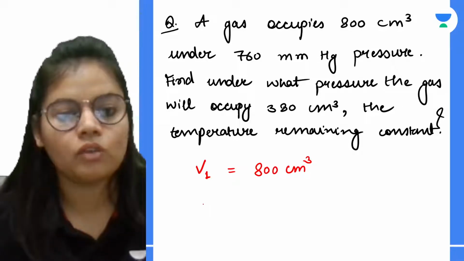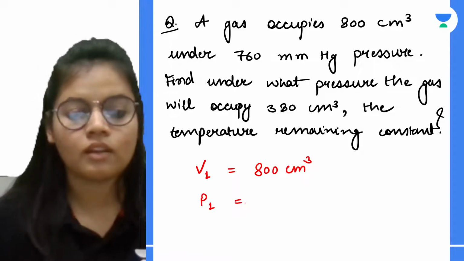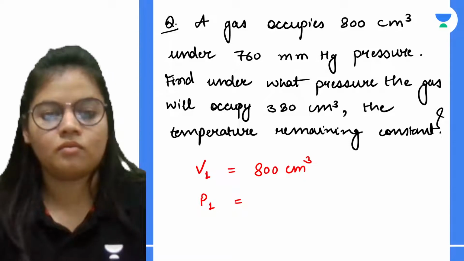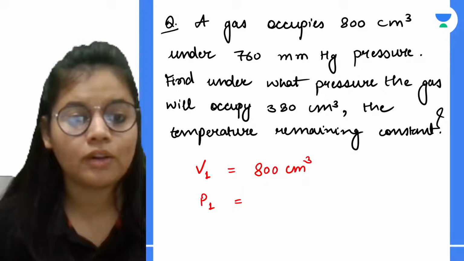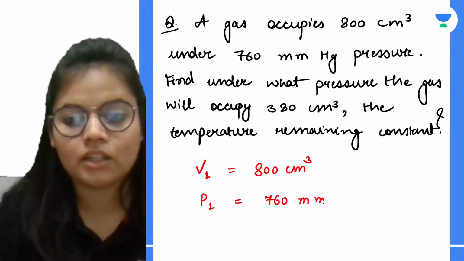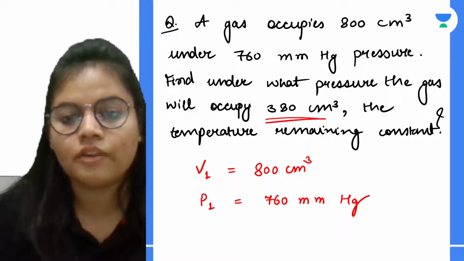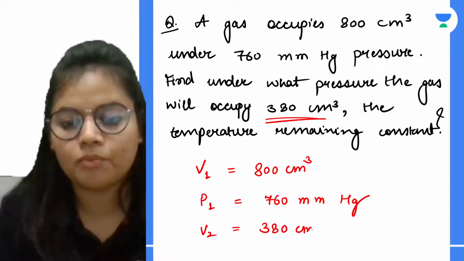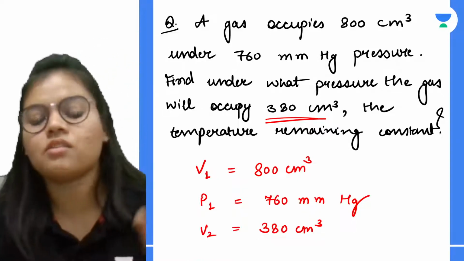Next, P1. What is the value of P1? It's 760 millimeter of mercury. And what is the next value given? V2, which is 380 centimeter cube. Now what do we have to calculate? We have to calculate pressure 2.